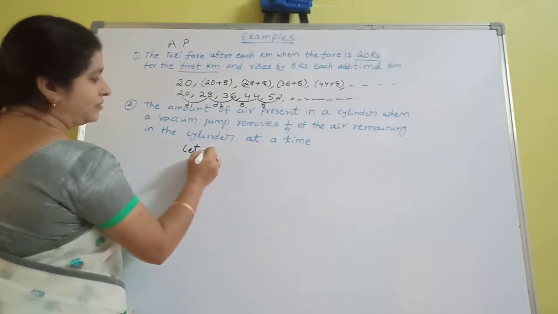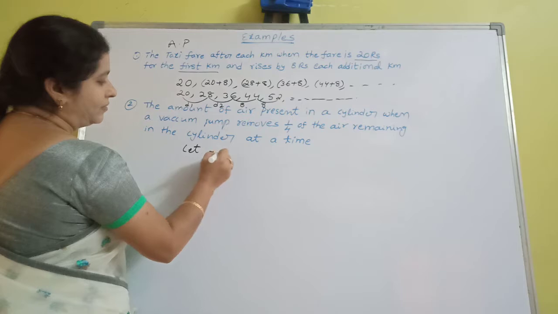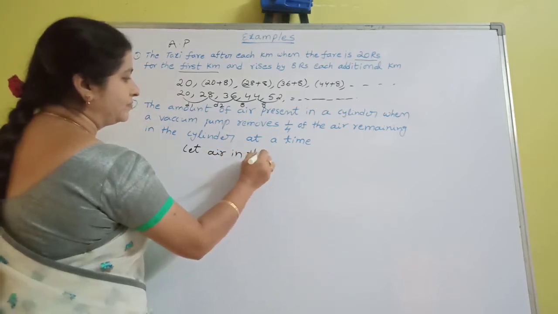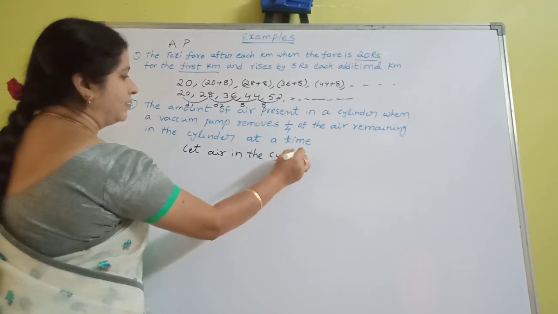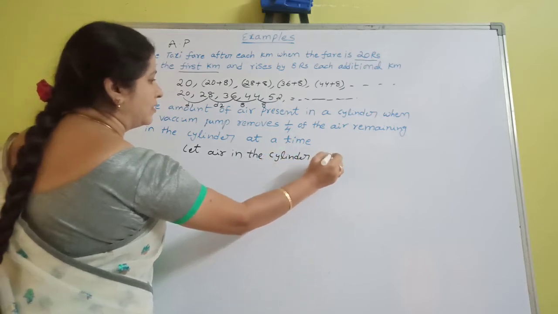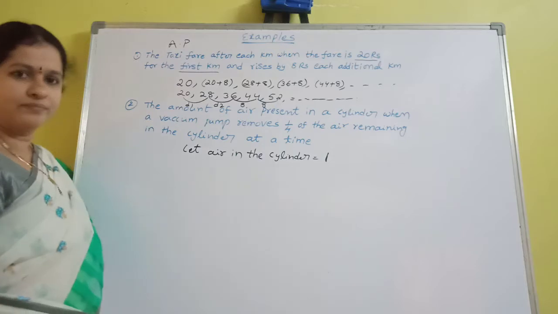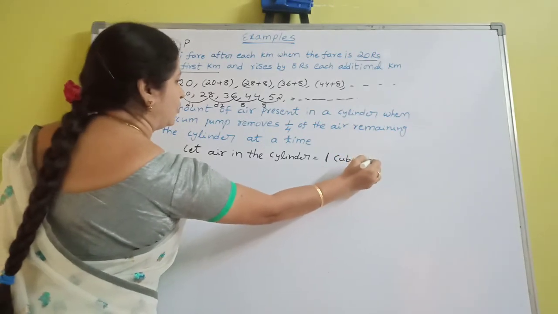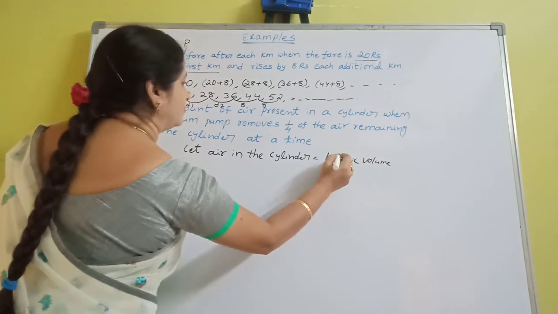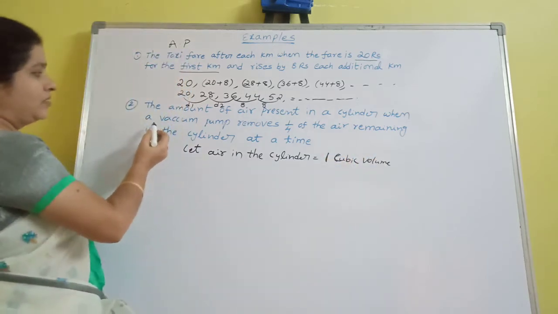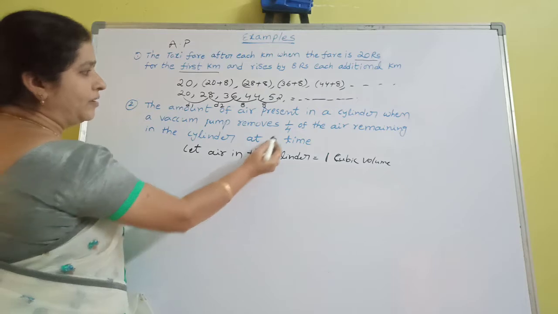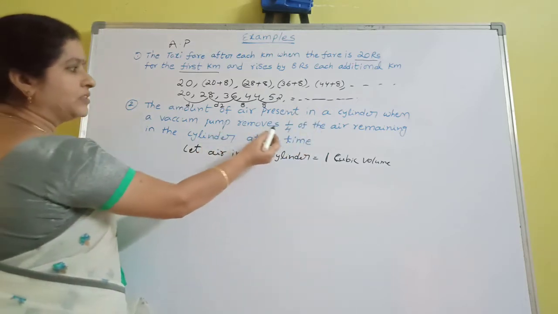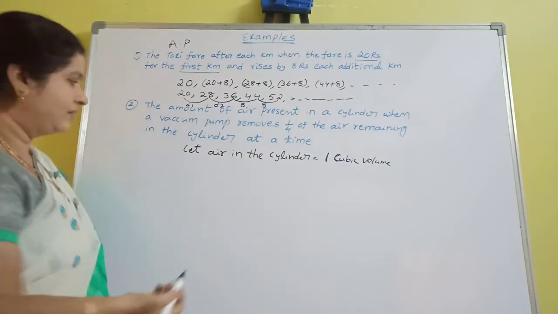Suppose the air in the cylinder is 1 cubic volume. After using the pump, 1/4 of the air is removed.